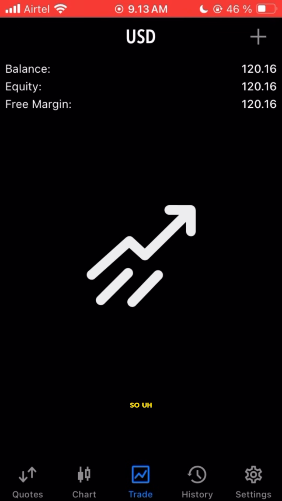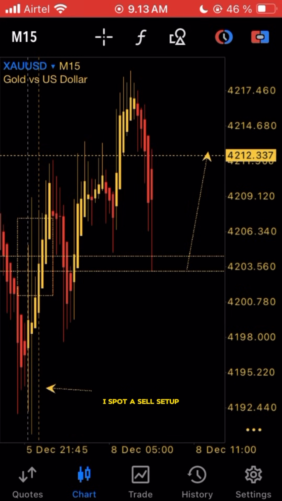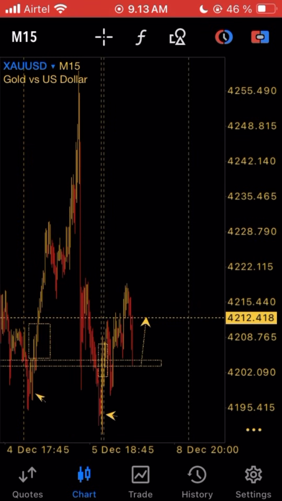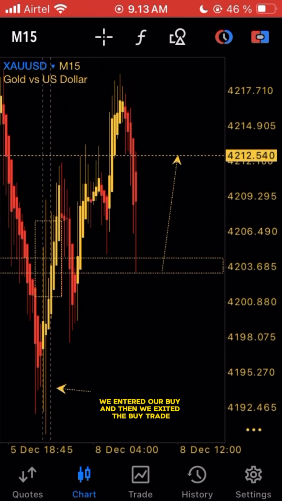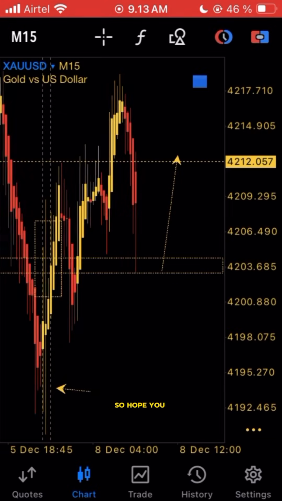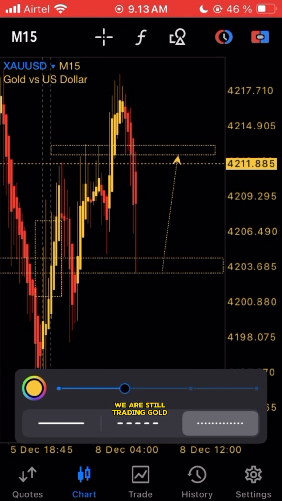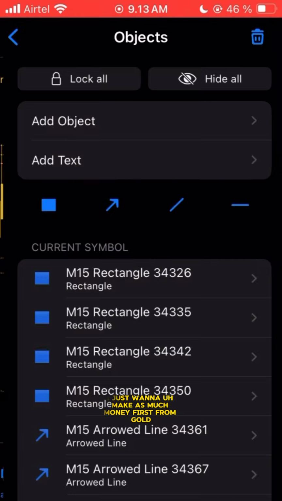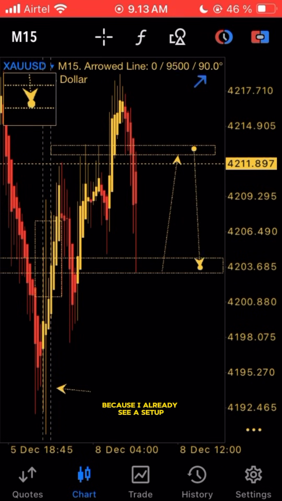So I spot a setup. Okay, I spot a sell setup. Remember, we took a buy, right? We entered our buy and then we exited the buy trade. So this time around we are entering a sell trade. Hope you are following, right? We are still trading gold. I just want to make as much money first from gold because I already see a setup.